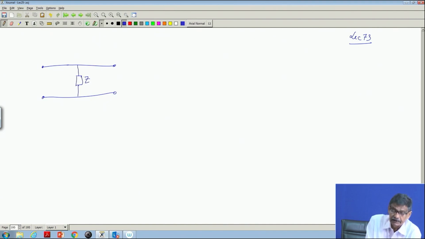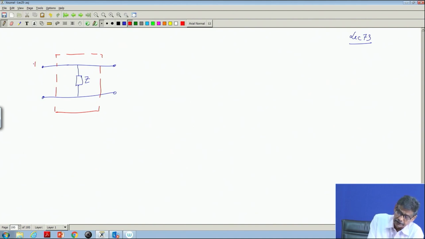This is not z parameters, it is the network itself, a two port network. Suppose I know inside it is Z, and I ask you to find the z parameters and comment on z parameters and y parameters.